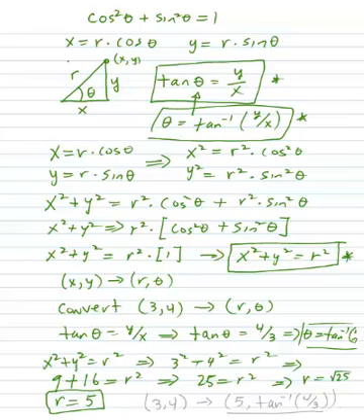So the rectangular point 3, 4 is the same as 5, the arctangent of 4/3 in polar form. And you can compute the arctangent of 4/3 with your calculator to get a degree approximation.